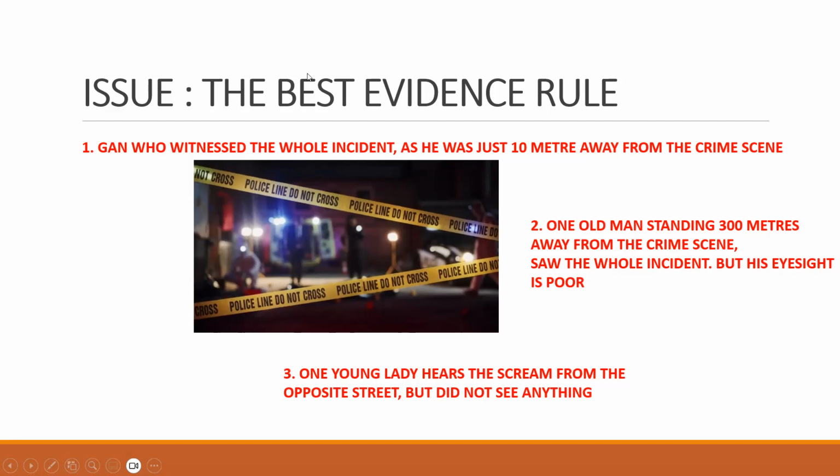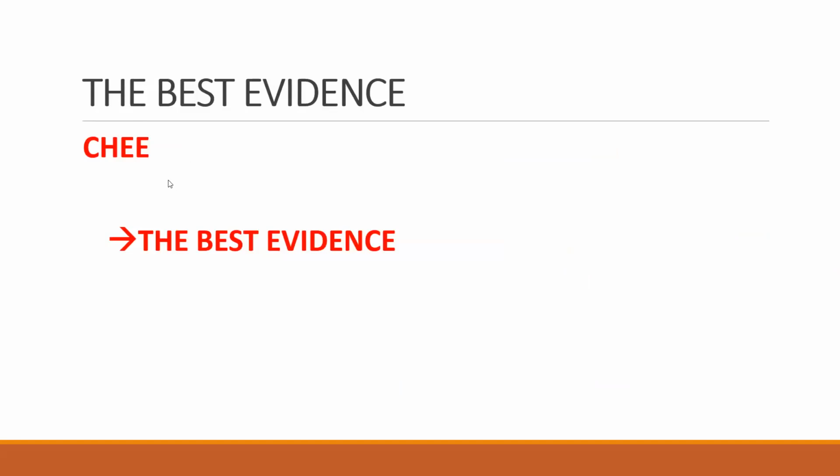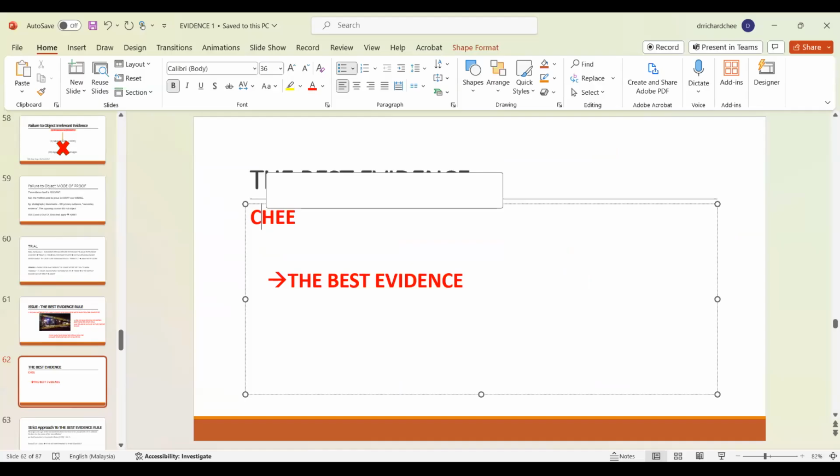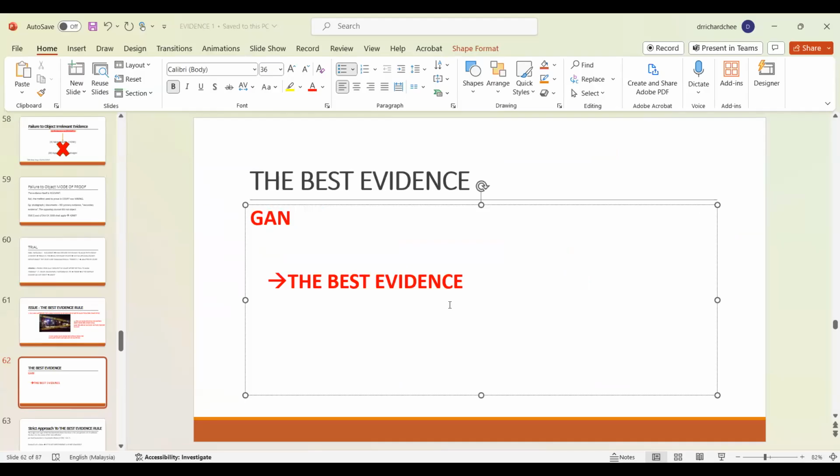So if you are following the theory of the best evidence rule here, by right, you should have called Gun as your number one witness priority because he can give direct evidence. He saw me stabbing my wife with the knife and he has clear eyesight. He's just 10 meters away. He can tell every single detail of the evidence. So, correction, because I changed to Gun. By right, Gun is the best evidence for your case.